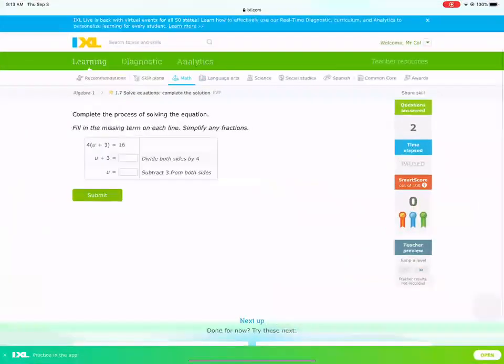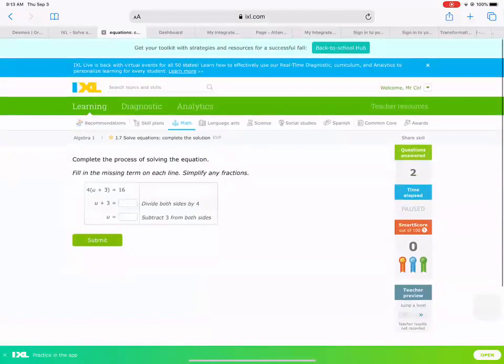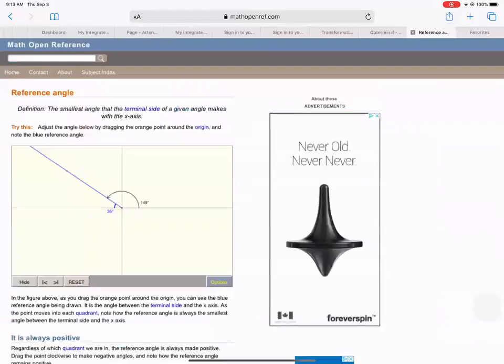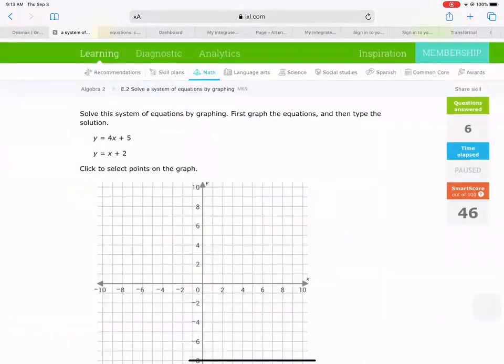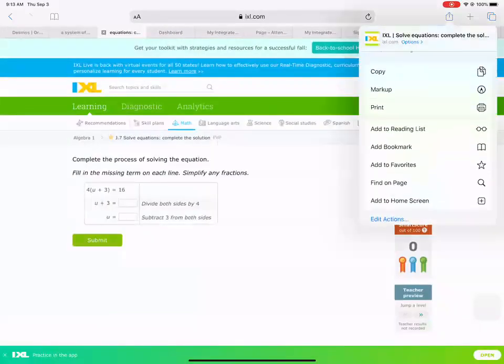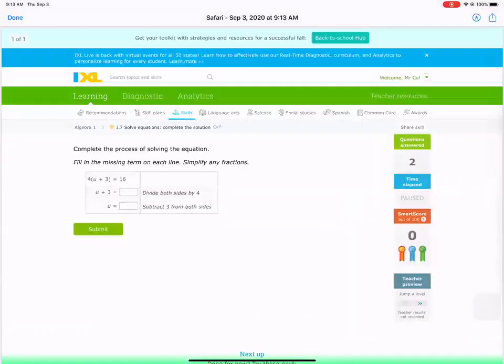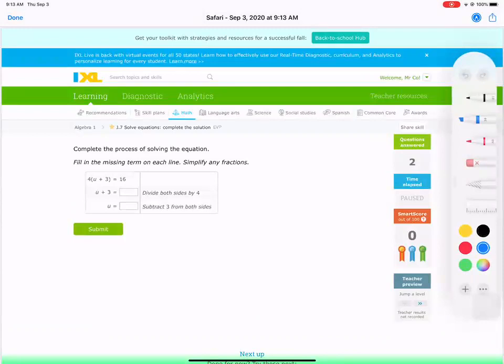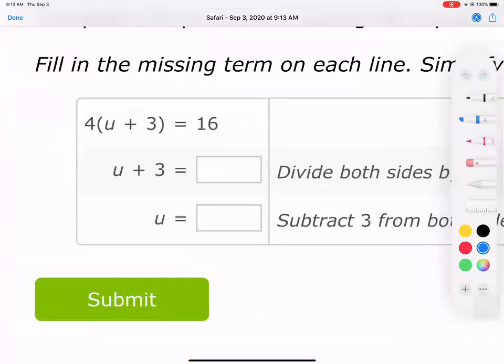Oops. Not that one. Use this one here. Okay, so I'm going to divide both sides by 4.